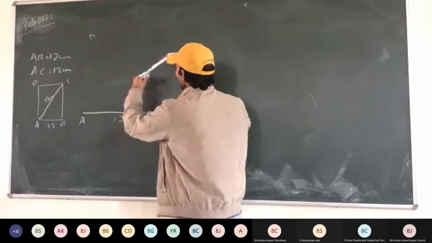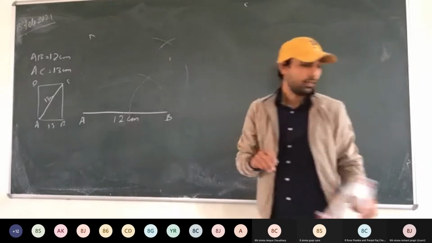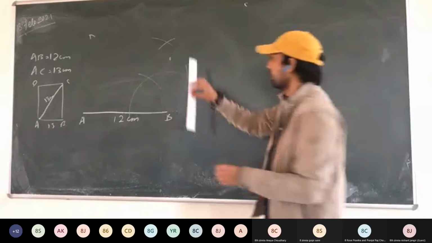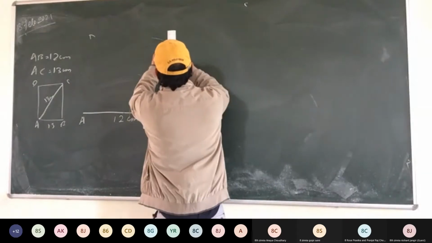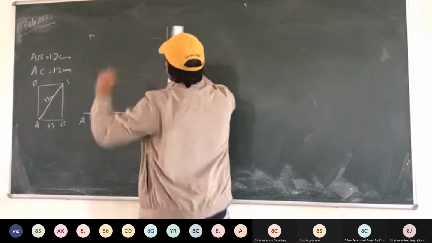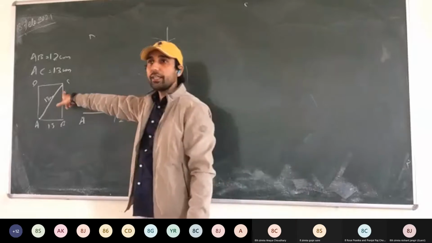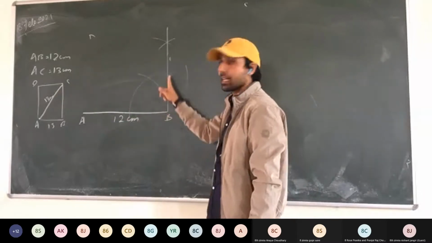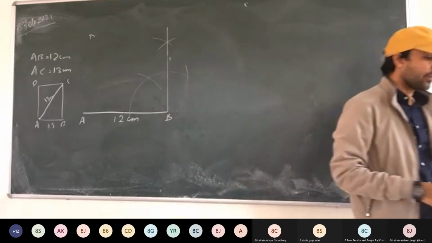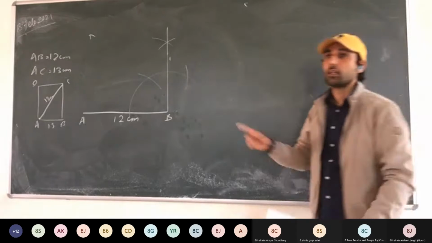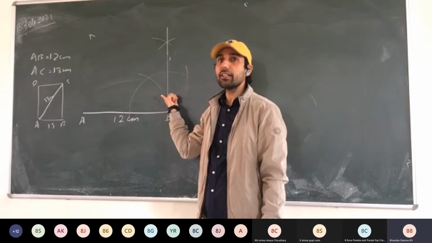Draw an angle of 90 degrees and join them. Now see here. C will be lying somewhere on this line. Okay, draw the 90 degree angle first. Everyone has drawn the 90 degree angle.